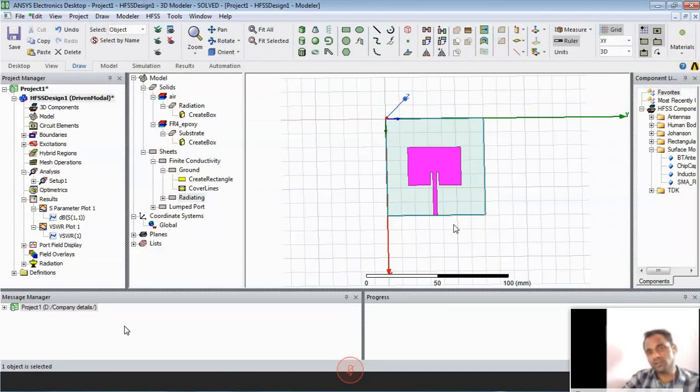Lambda g is equal to lambda divided by root of epsilon r effective. Already you have to find the epsilon r effective based upon the calculation. So you apply that epsilon r effective in that formula and you get the lambda g value. Then you take lambda g by 4 and you get the transmission line value here. So you made the transmission line.